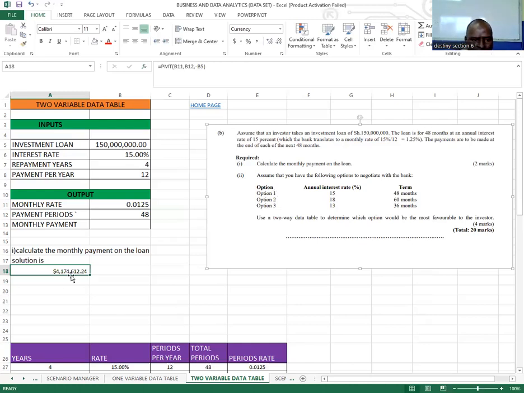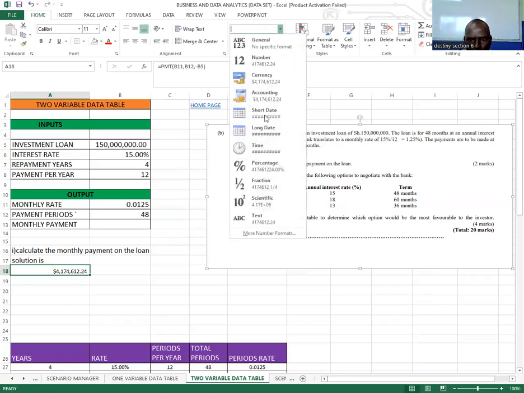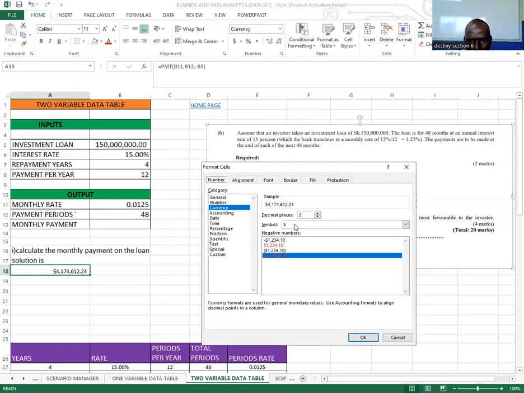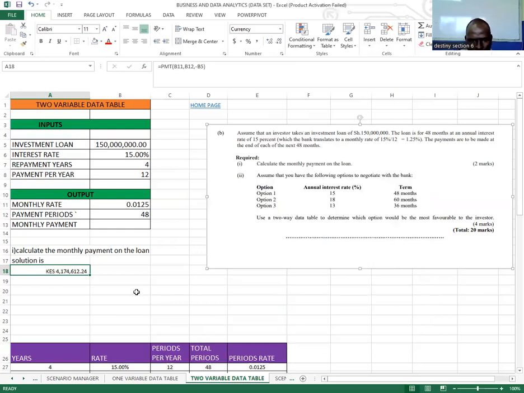So the monthly rate is equivalent to, I don't know why they put dollars, but we can as well change the currency. So this one will come here, and then I change the currency to Kenya shillings, like that.